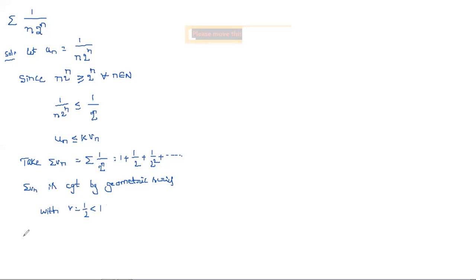So summation Vn is convergent. Obviously, by the comparison test, summation Un is also convergent. This is the actual definition we are using. So summation Un is also convergent.